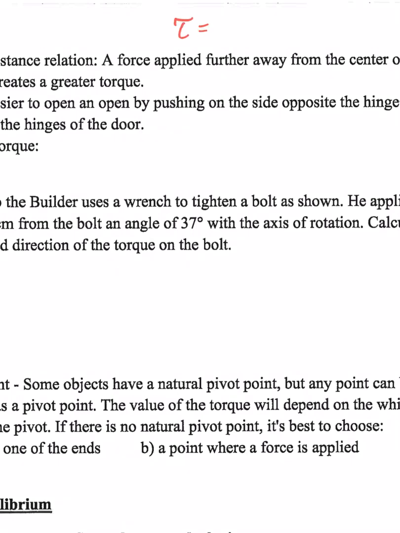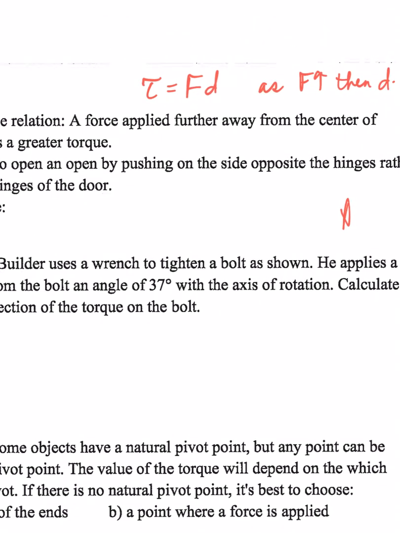If your torque is equal to F times D, as F goes up, then D can go down, to maintain the same torque. So if I have less force available, I have to get further away from the pivot. If I have more force available, I can get closer to the pivot.